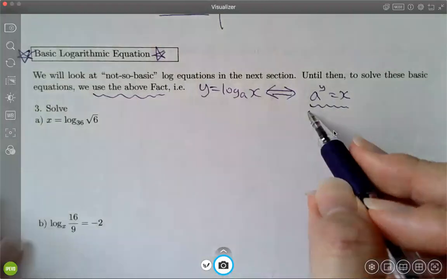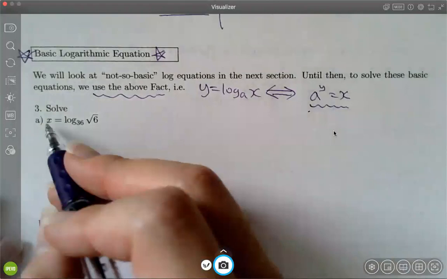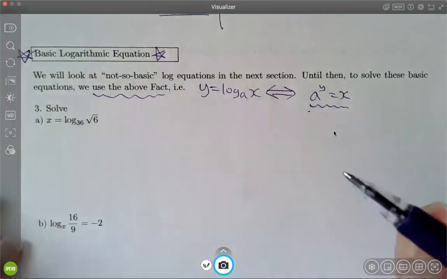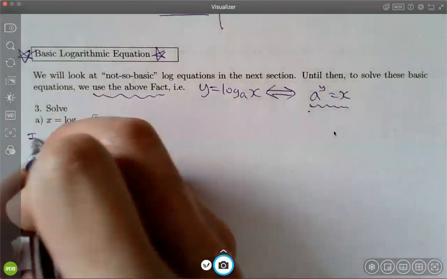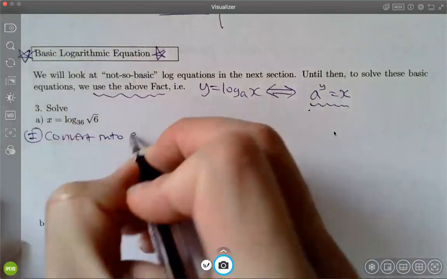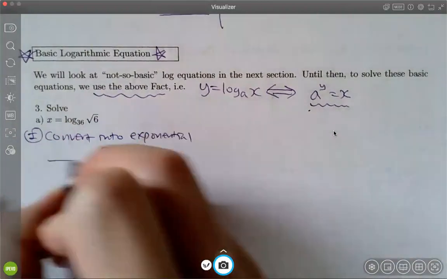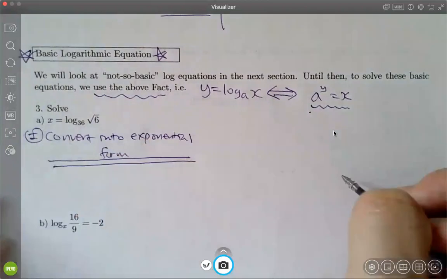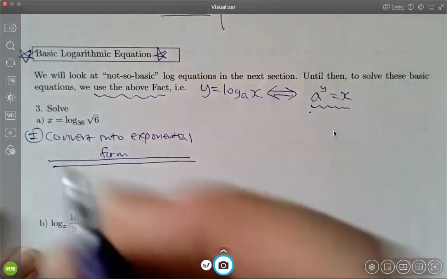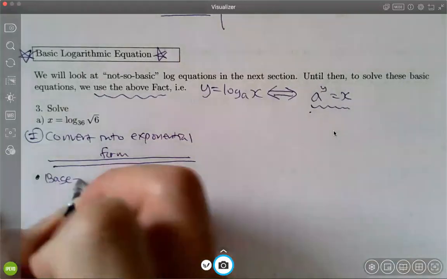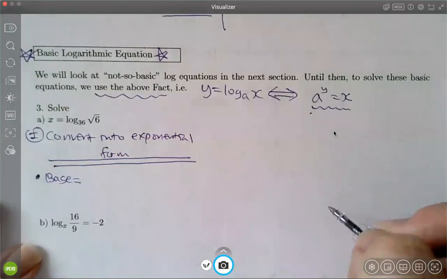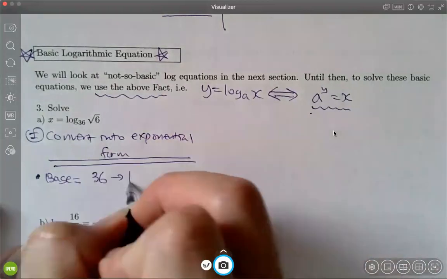There are lots of numbers and letters, so things can be tricky, but remember, the basic scheme remains the same. So first, how do we convert this into exponential form? Number 1, base, right? What is the base here? 36, right? And that becomes our base.